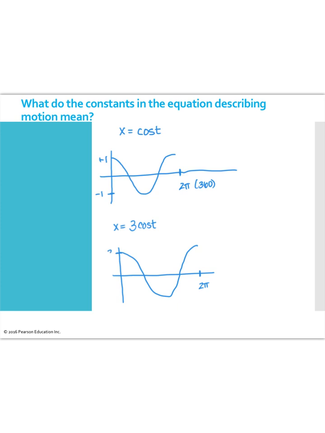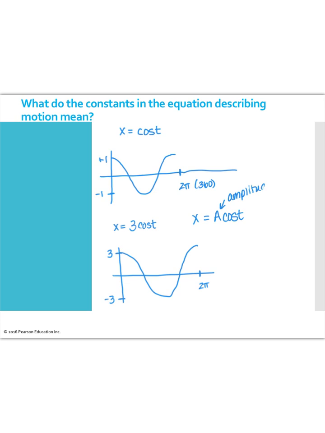But what it does change is the amplitude. And so a cosine t, you can see that what this means is the amplitude.